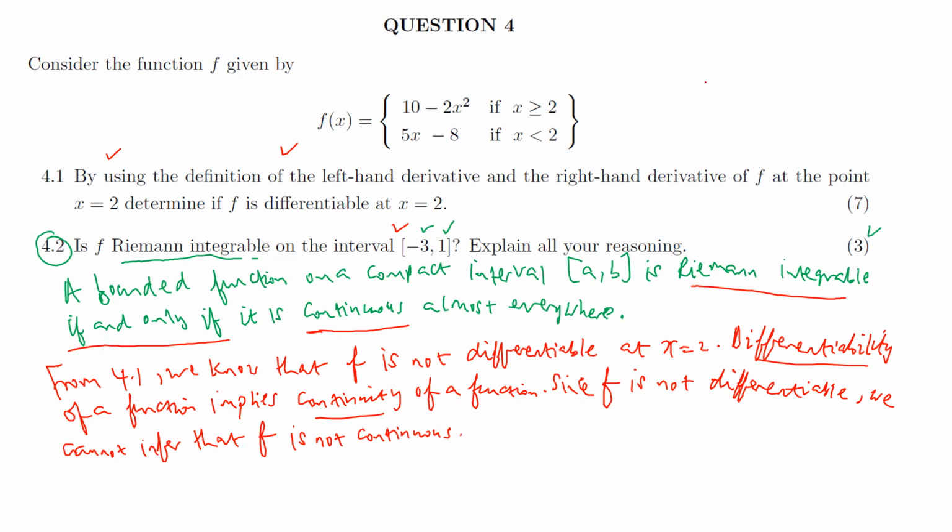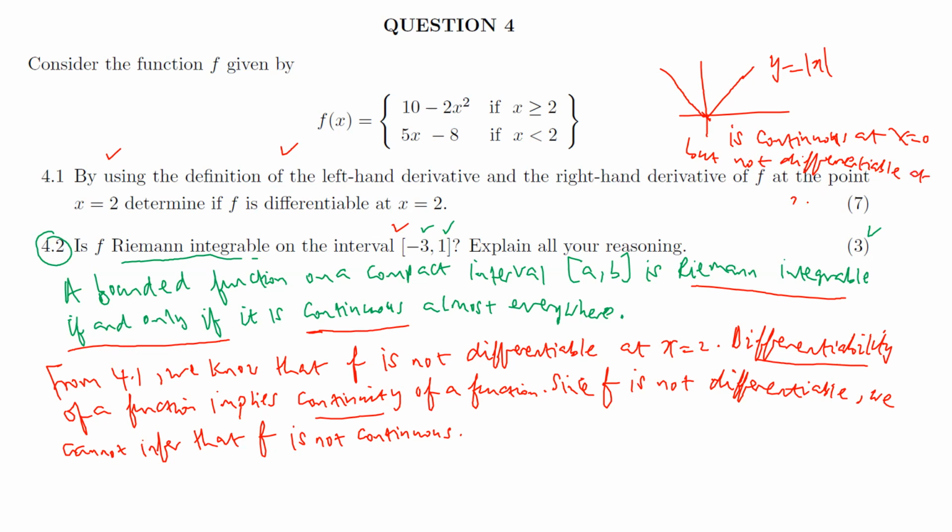Okay, I don't want to write an essay here, but a very good example we learn in mathematics is the absolute value function y equals the modulus of x, which is continuous at x equals 0, but not differentiable at x equal to 0.